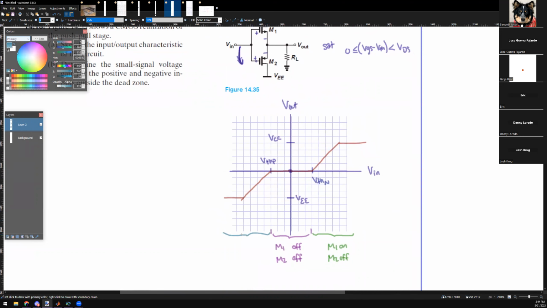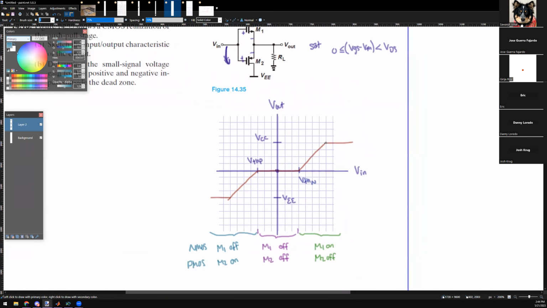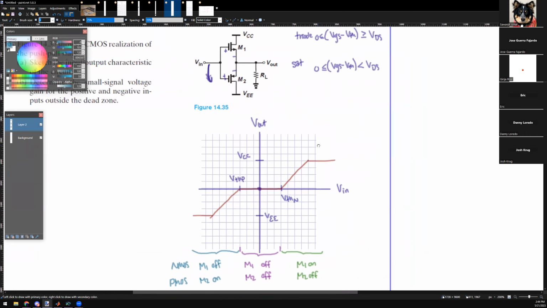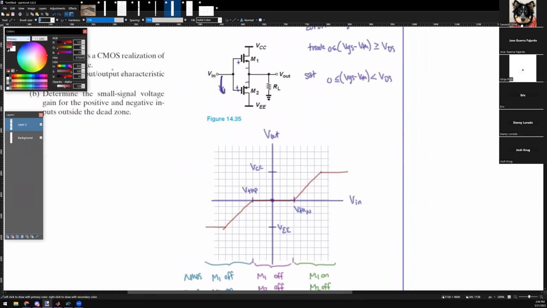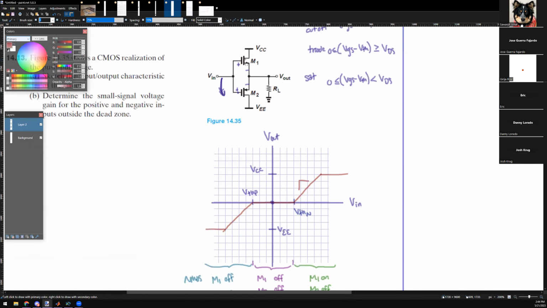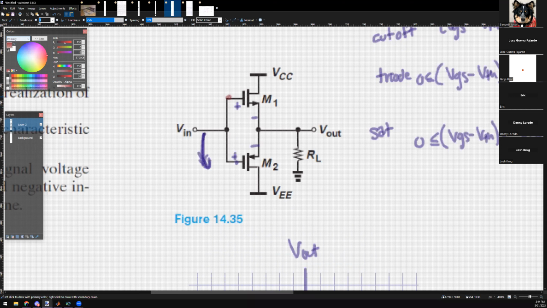PMOS is on and NMOS is on. And then over here it's just straight up, the output hit the rail, so not much you can do. Now, what is the slope of this red guy? Suppose this guy turns on and you're in saturation. What configuration is going from here to here?